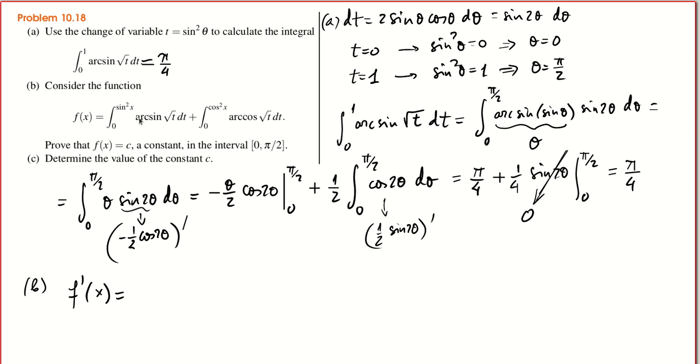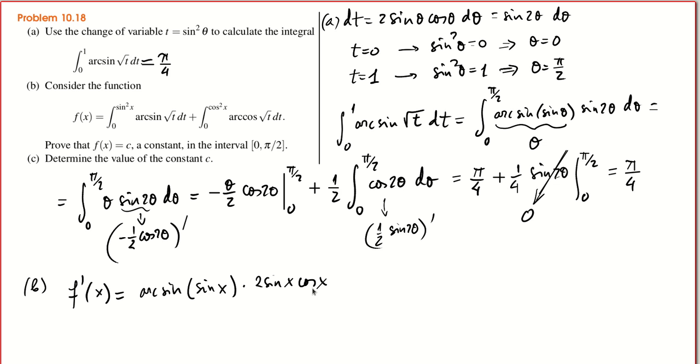And if you do that, the derivative of this first term is the integrand substituted at this upper limit, which is the arcsine of the square root of the sine square, which is just the sine of x, multiplied by the derivative of this, which is 2 times sine of x cosine of x.